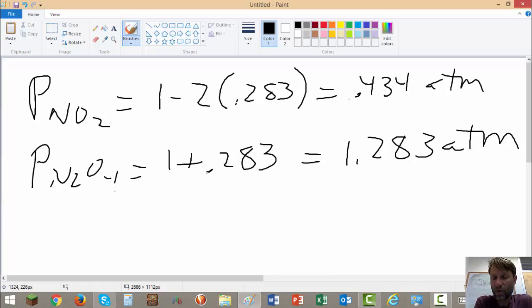So when they are mixed at 1 atmosphere each, the reaction changes to reach an equilibrium where there's still some NO2 present. This is at 298 K, but it is mostly N2O4.